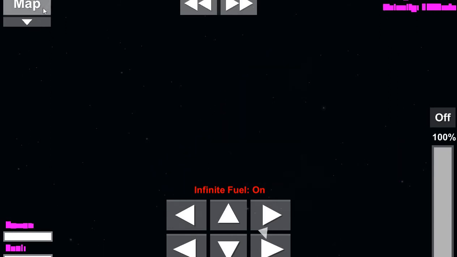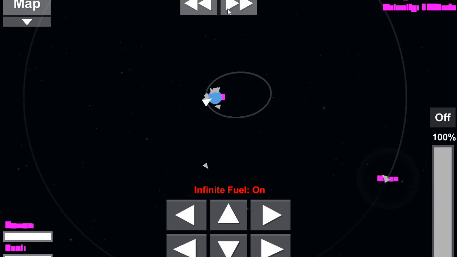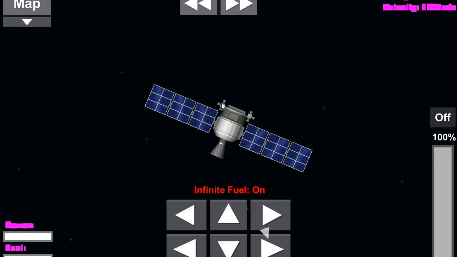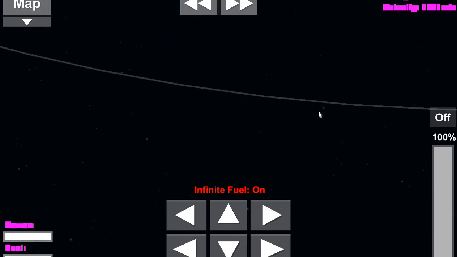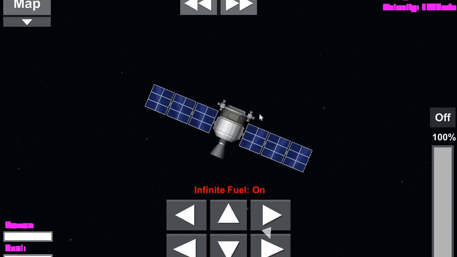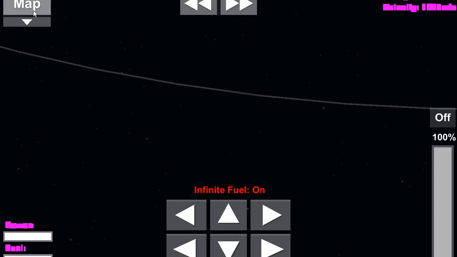Now I will put it into a higher orbit. Notice how even using the reaction control system, the gas coming out of this nozzle which I am using also affects our orbit.